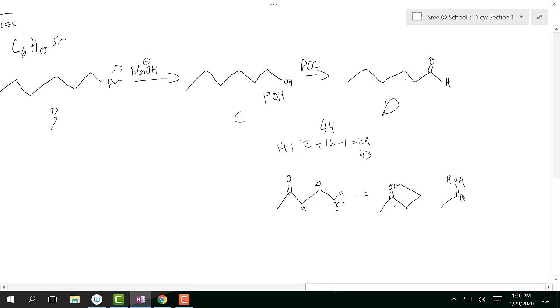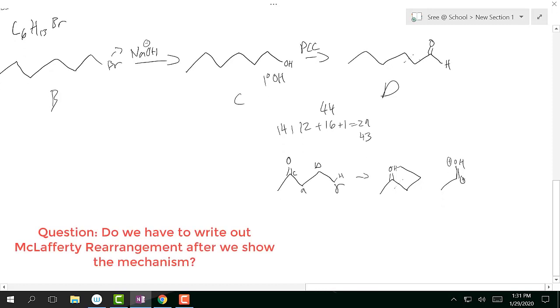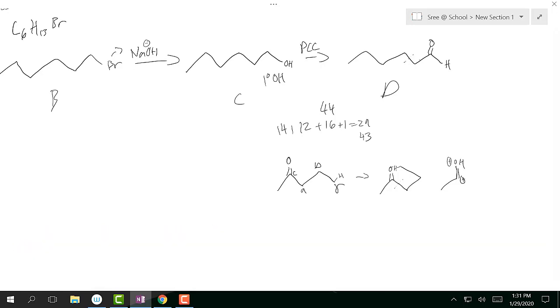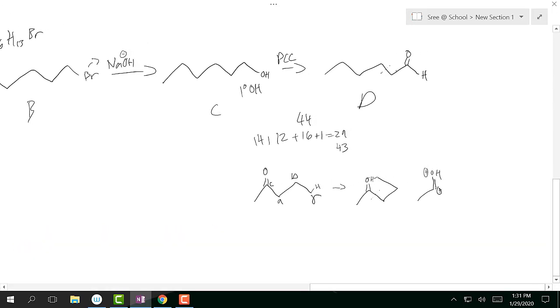So this is your carbonyl carbon, and from that carbonyl carbon, 1 carbon away is always alpha, 2 is beta. Yeah. The third carbon away is always going to be gamma. Did you have a question? No. If you have this shown, and they see this, they'll know what you're doing. Yeah. You don't have to write McLafferty rearrangement or anything.